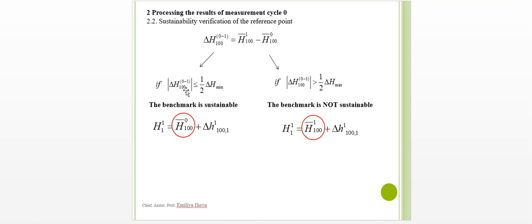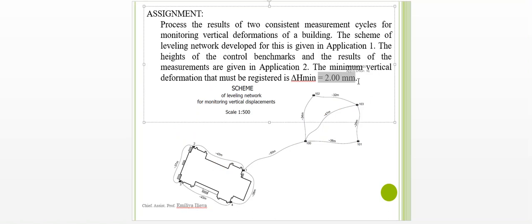The first one, if this difference is smaller or equal to half of the minimum deformation that we need to have in our calculations, or if it is bigger. You know that in our task this value delta H minimum was 2 millimeters.